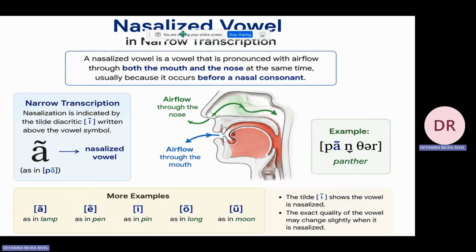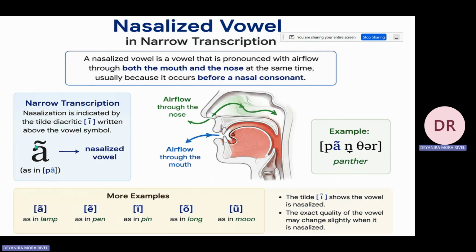Okay, so I mentioned first nasalization, a nasalized vowel, which is not a nasal vowel, it's different. In this case, we have vowels that sound partially nasal. So they are shown with this diacritic, like the ñ.